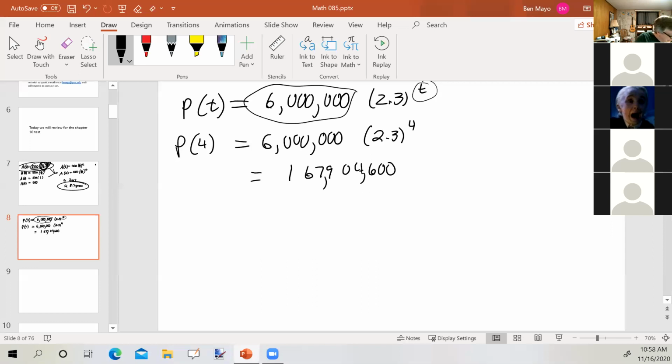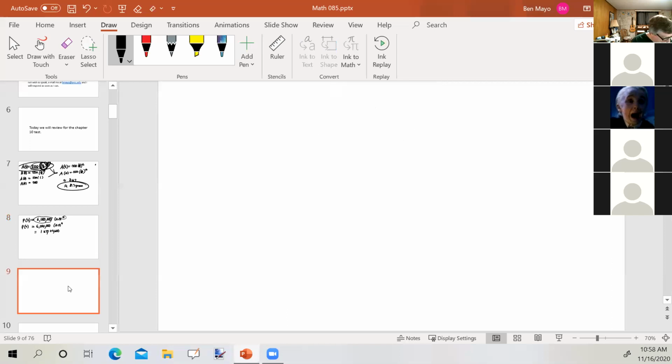All right. Now, I want to look at another formula, and that is this. A equals P times the quantity 1 plus R divided by K, all to the KT power.